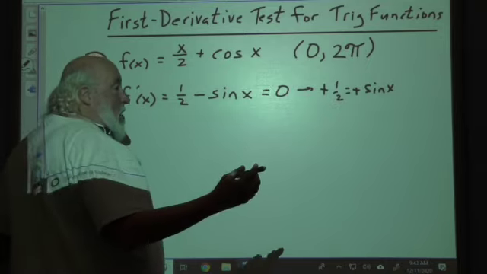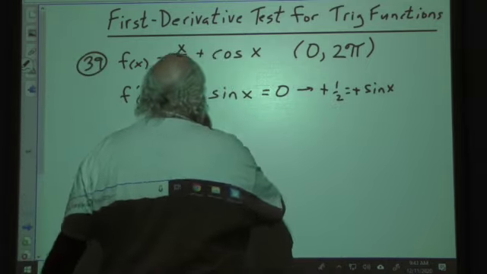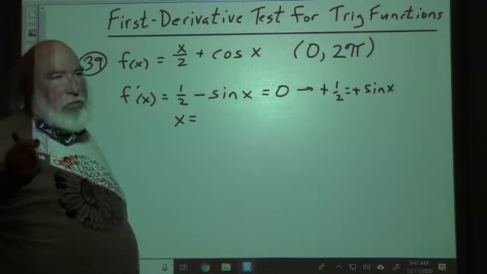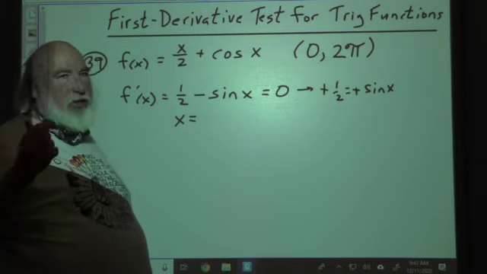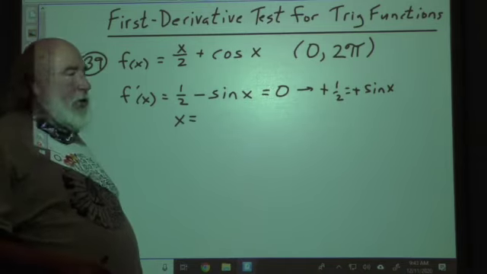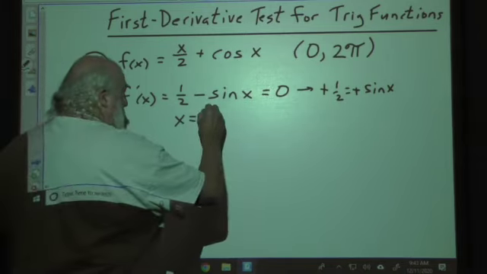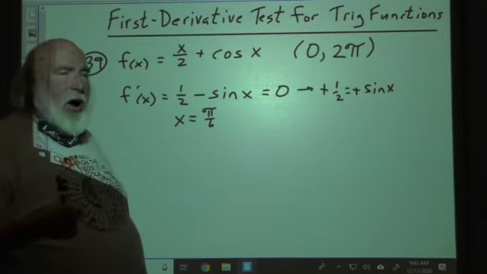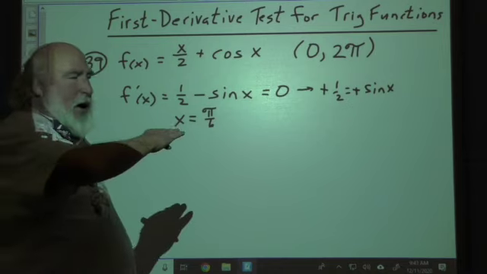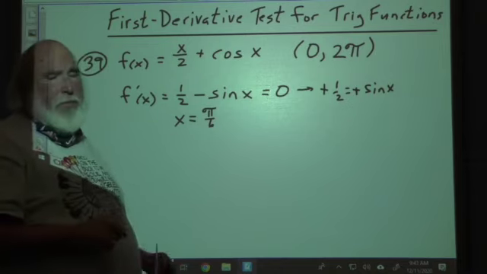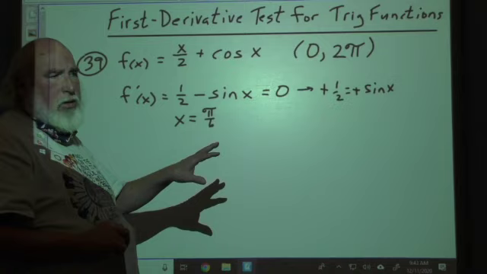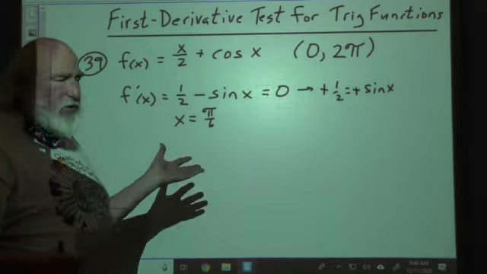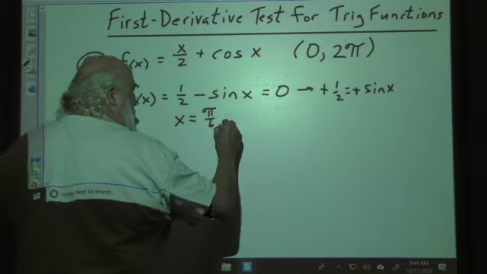Well, when does that occur? If you think of it in terms of degrees, x is 30 degrees. If you change that over to radians, that becomes pi over 6. It's also positive in the second quadrant, and in that case it's pi over 6 away from pi, or 30 degrees away from 180 degrees, so 150 degrees, or 5 pi over 6.